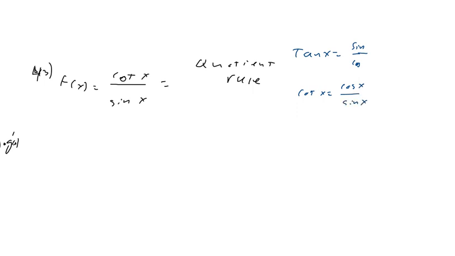So we could do a little manipulation here. I could say, instead of cotangent, cosine x over sine x, all over sine. Then this is sine over 1, flip and multiply, becomes cosine x over sine squared of x.